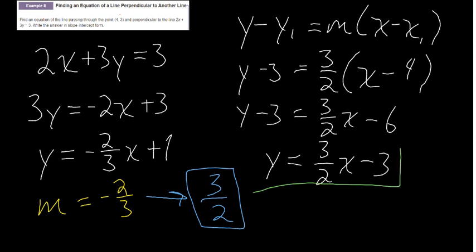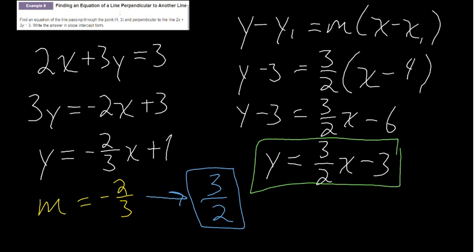So the equation of a line that passes through this point (4,3) and is also perpendicular to this line right here, 2x plus 3y is equal to 3, that equation is here. Okay, and let's verify real quick.